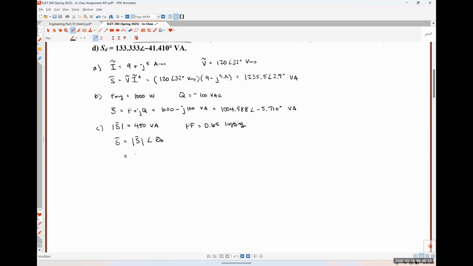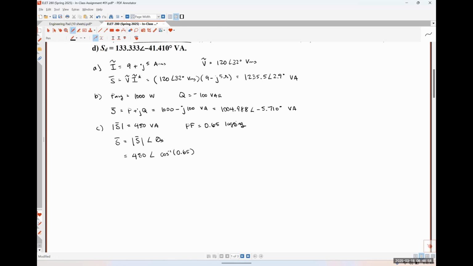So this is going to be 450 with an angle of the arc cosine of our power factor, which is 0.65. Now, I want to make you guys aware of something, and this is actually pretty important. Your calculators, when you perform the arc cosine operation or the inverse cosine operation, it's always going to give you a positive angle as a result. So this is where that leading or lagging power factor comes into place.